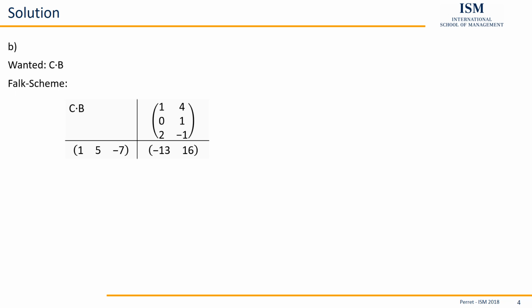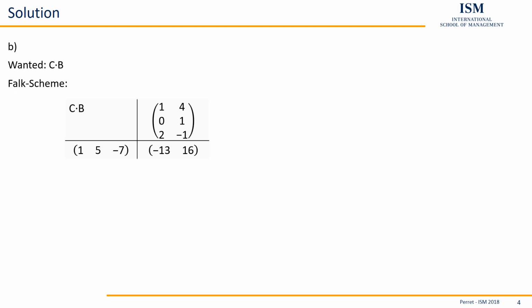Then for the second entry we are in the first row, second column. So we take the first row left, second column in the upper part. We go 1 times 4 plus 5 times 1 plus minus 7 times minus 1. So we have 4 plus 5 plus 7, giving us 16.